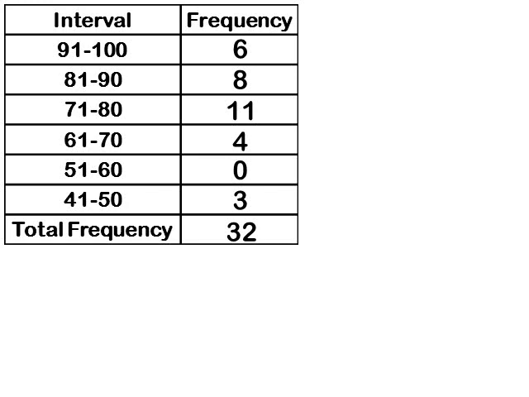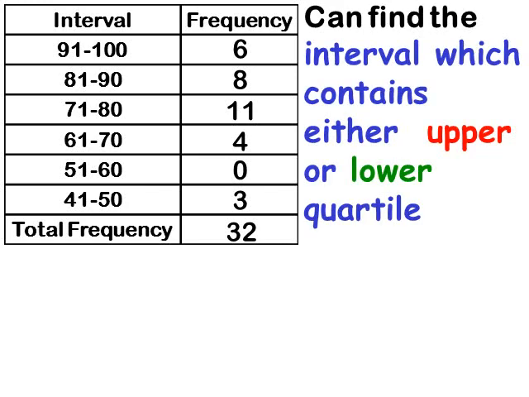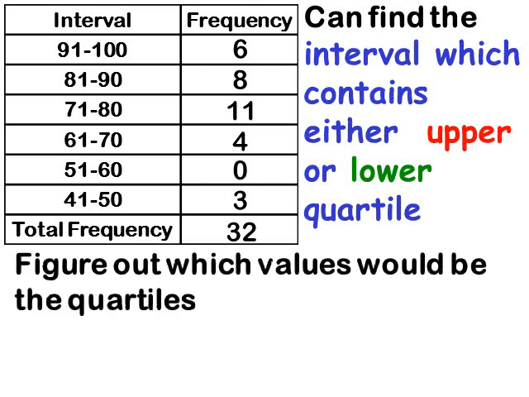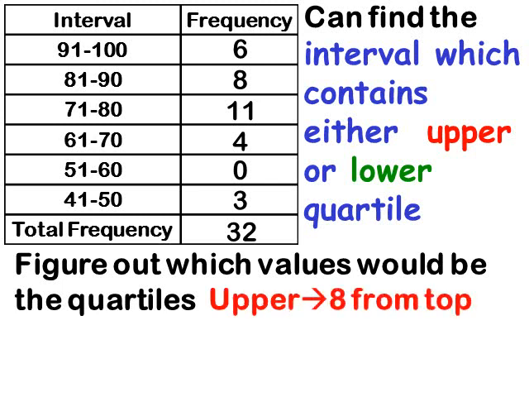You can also do this based upon a table. Can you find the interval that contains either the upper or the lower quartile? To figure out which values would be the quartiles, you need to take a look at your total frequency. Your total frequency is 32. So if you were going to look at the upper quartile, quartile meaning quarter, you need to find a quarter of 32, which is 8.